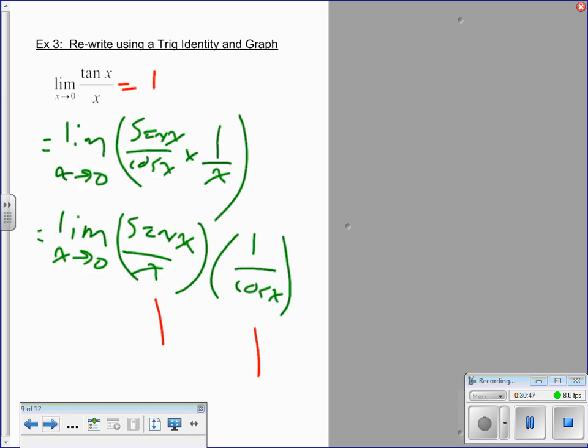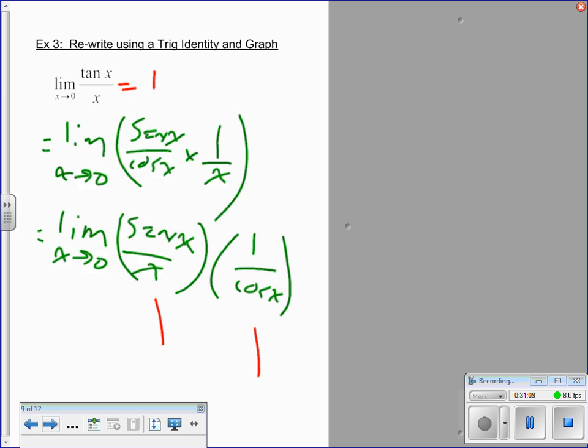Does that make sense? That's why it's the limit as x approaches 0. This is not 1 itself, but the limit is 1. Can it get closer than 1? No. It will approach 1.